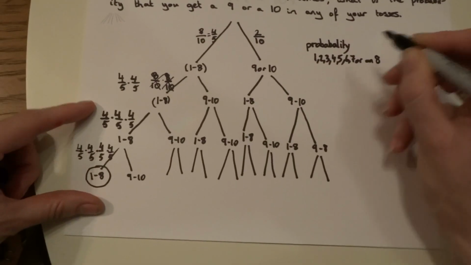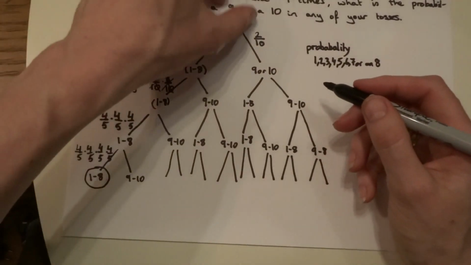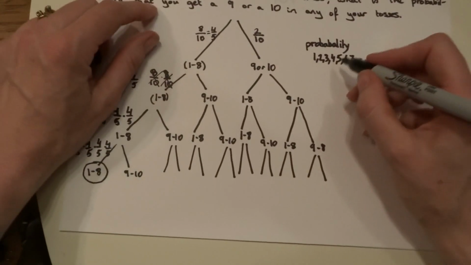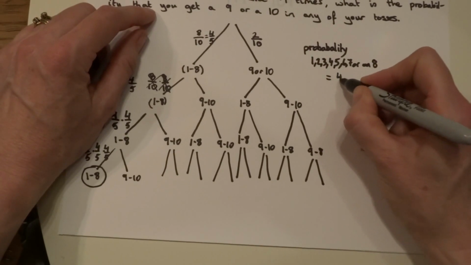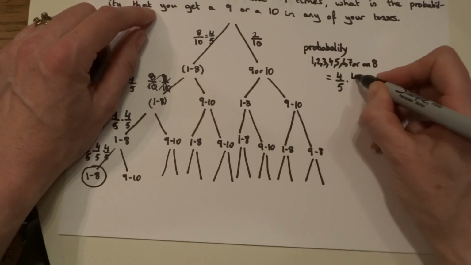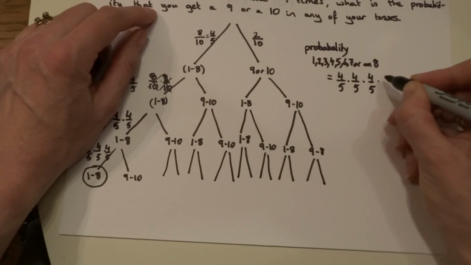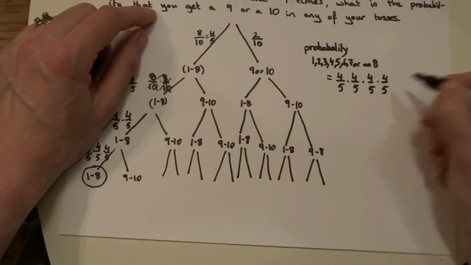There's no 9 and no 10 anywhere going down this row, this tree. It would be 4/5 times 4/5 times 4/5 times 4/5.